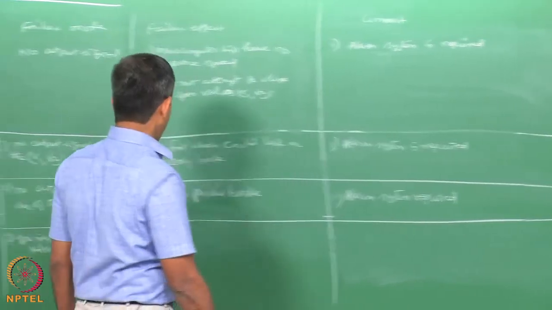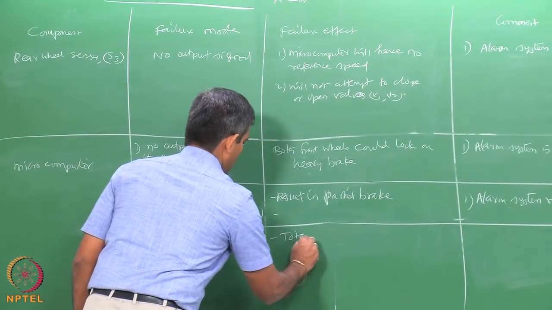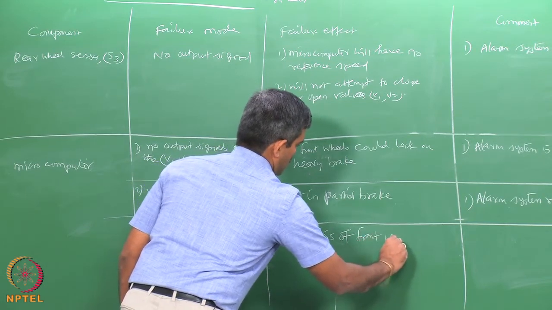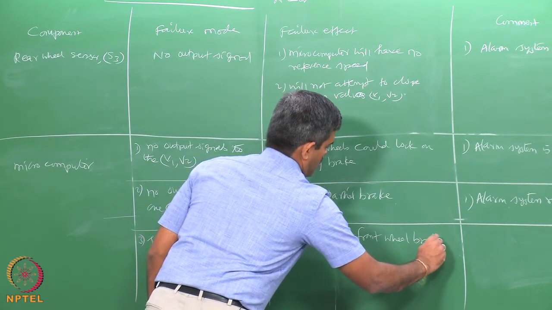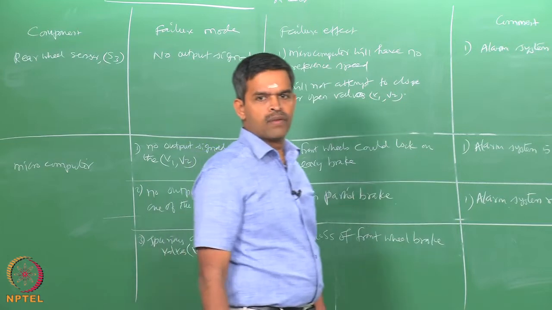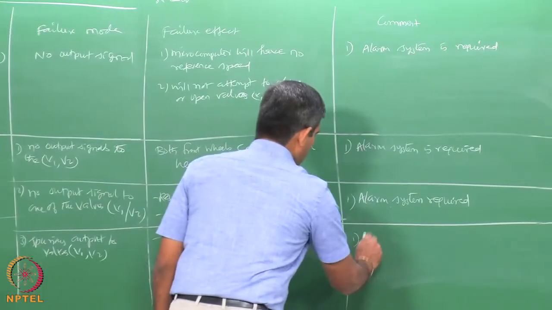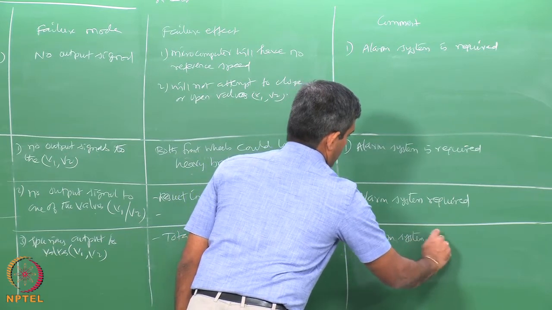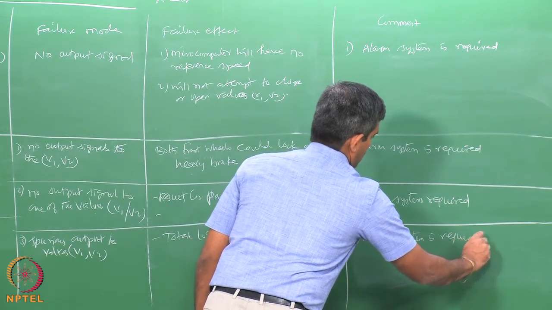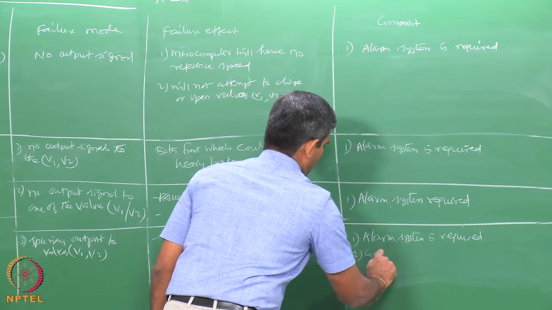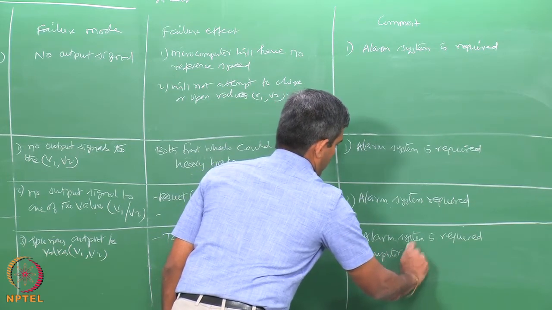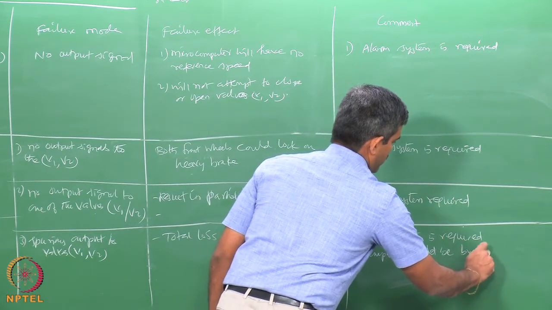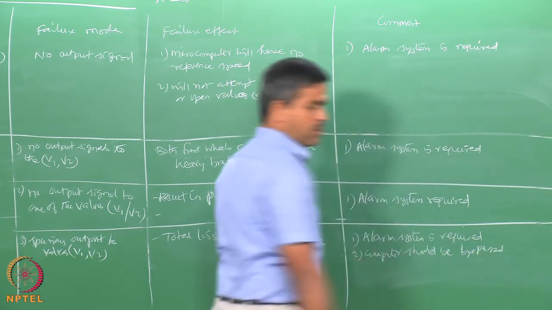Total loss of front wheel braking. Alarm system is required, computer should be switched off, or computer control should be bypassed, it should go to the manual mode.